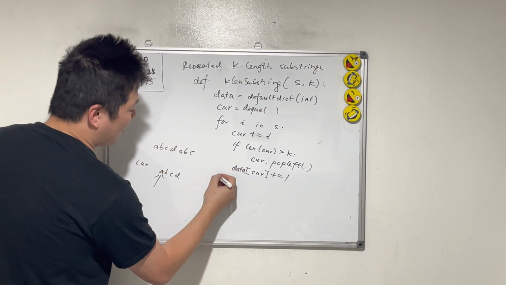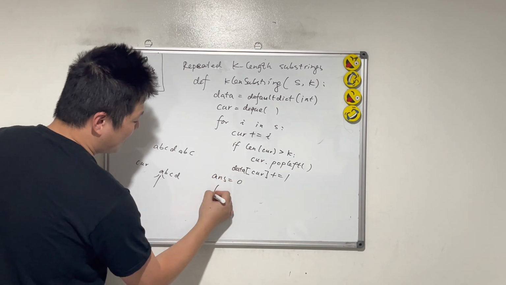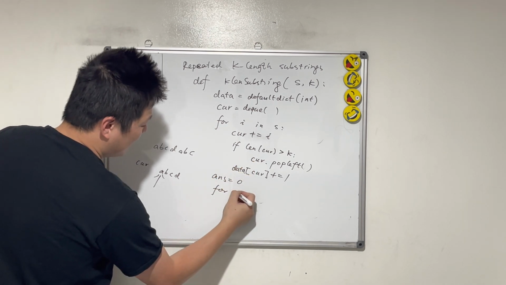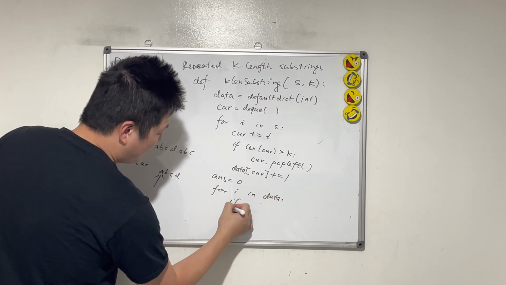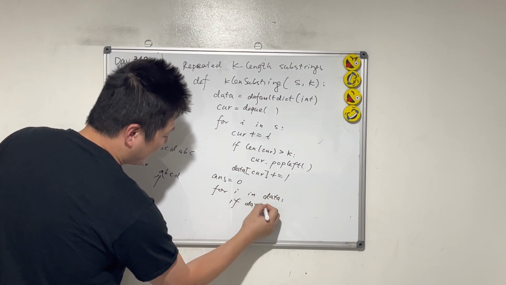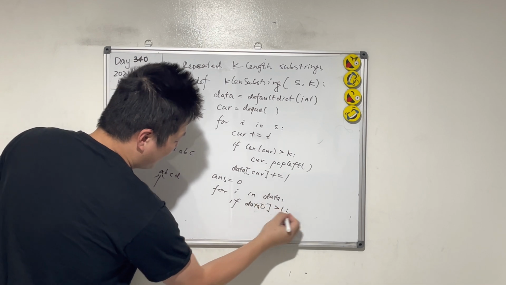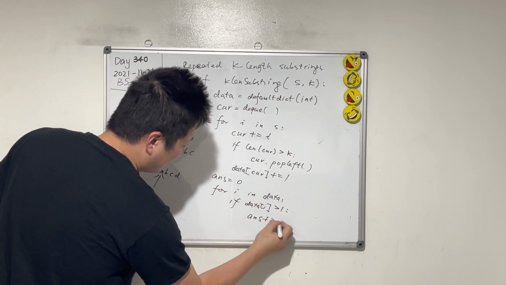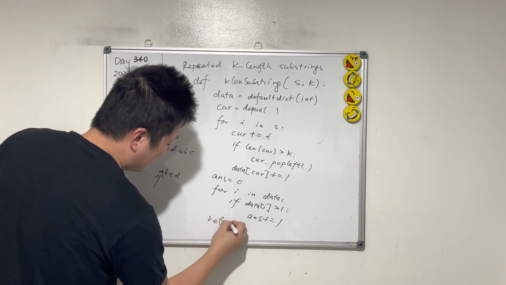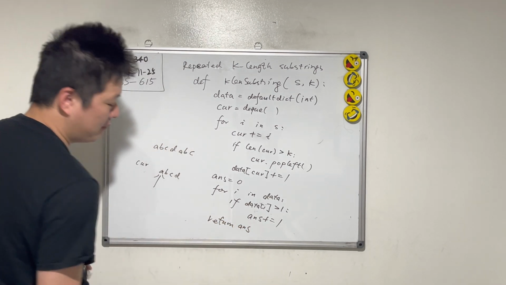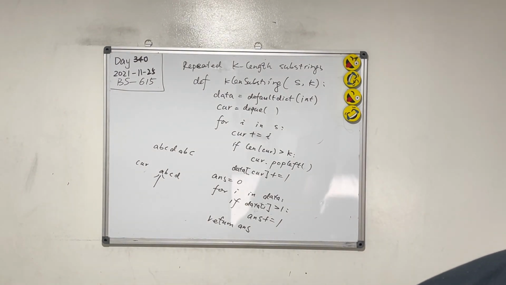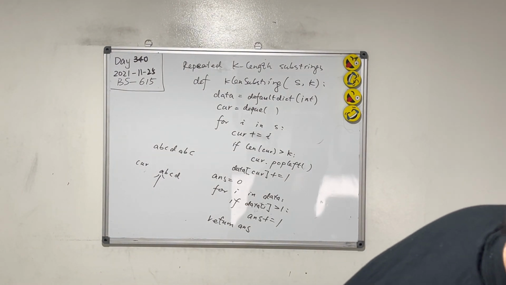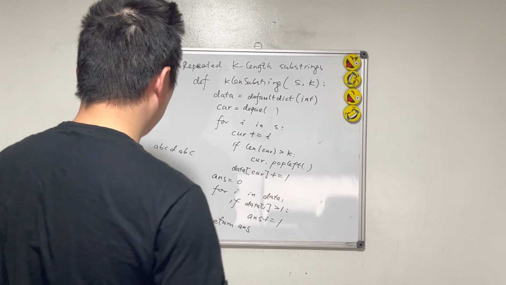Answer equals 0, and we go through the dictionary data: for i in data, if data[i] is bigger than 1, answer plus equals 1. Return answer. Make sense? What's the space complexity, if you can remember? O(n minus k).